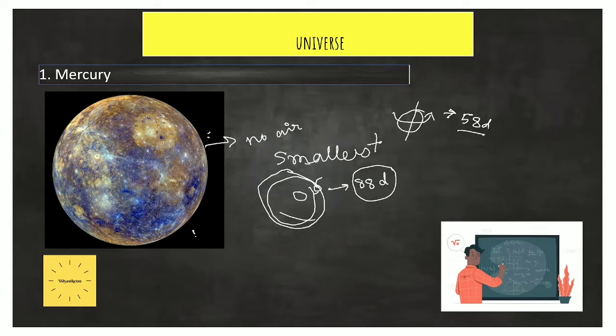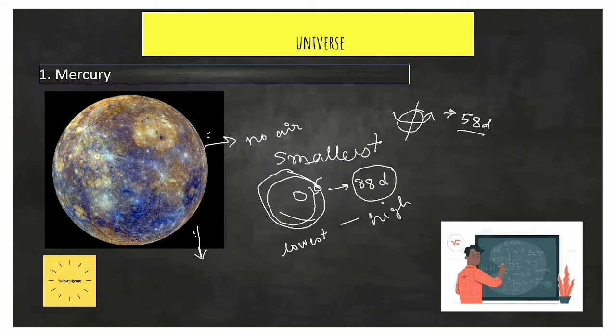Because there is no air, the fluctuation in temperature is very large, and the range between the lowest temperature and the highest temperature is very high.